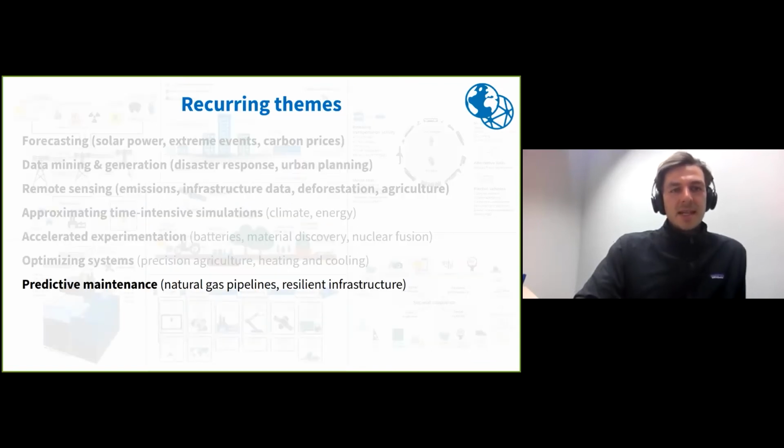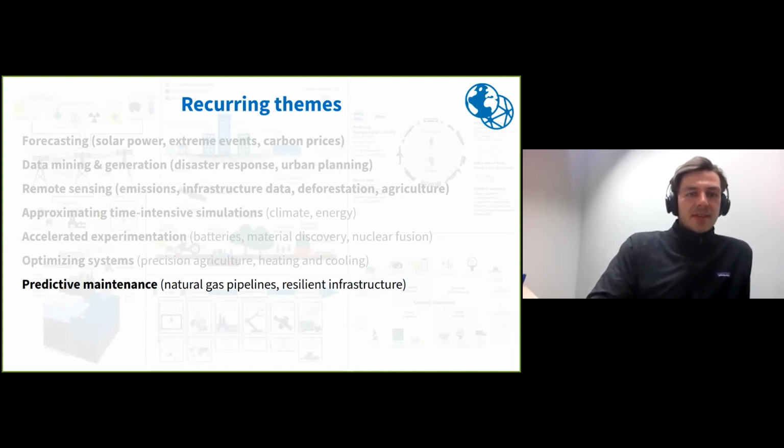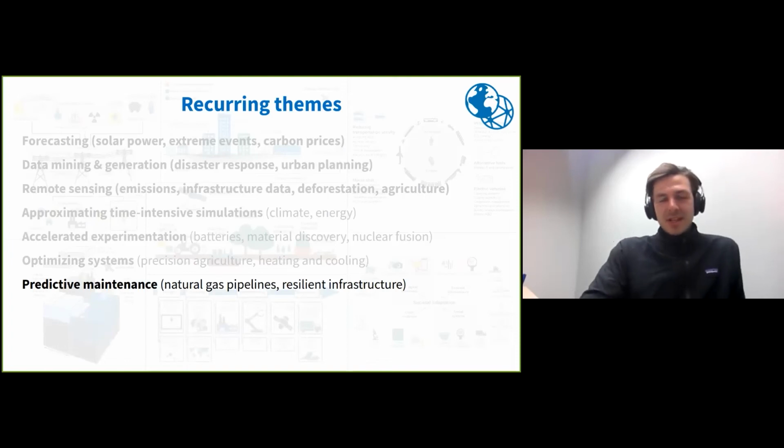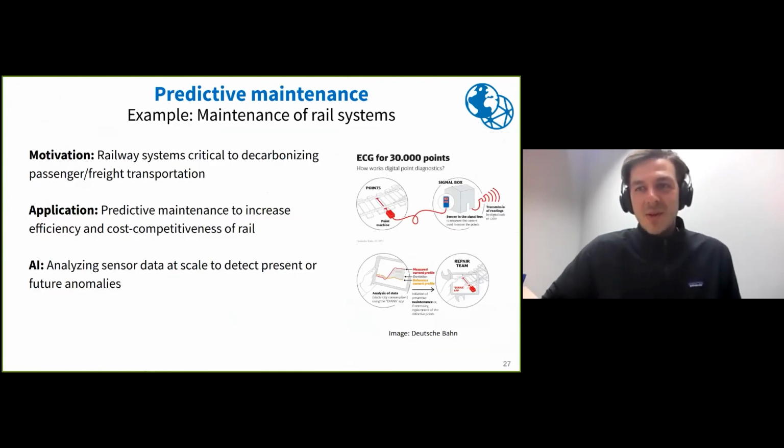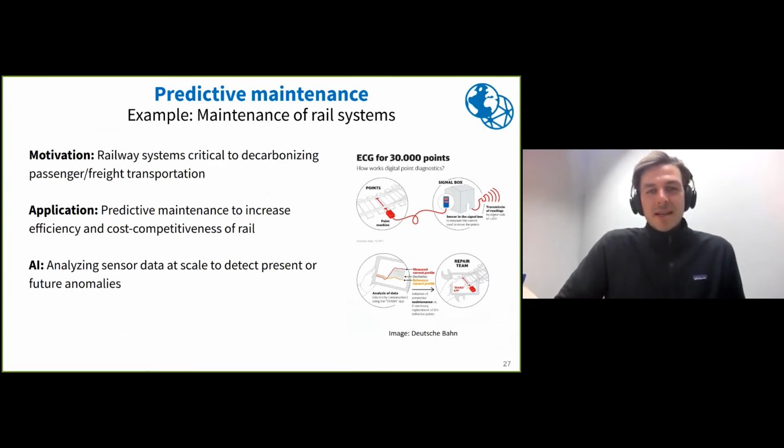And the last theme is the predictive maintenance. Maybe some of you have heard of this already. What this means is that we want to kind of not wait until something breaks, but forecast when we have to, for example, change out a railway. This is an example from Deutsche Bahn, the German railway, where they put sensors in their rails that should alert them when the rails are soon to break, but kind of before it happens.